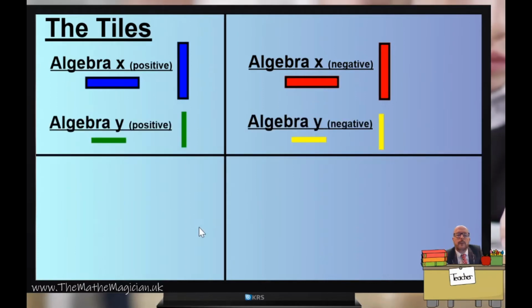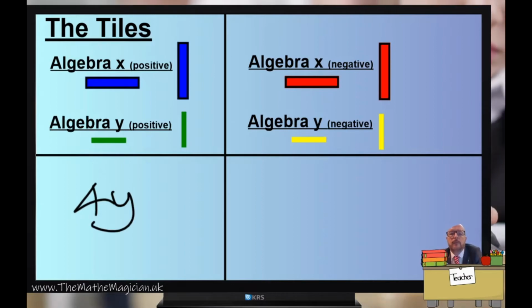Right, now we've looked at x's, let's look at y's. If you look at this diagram, you'll see the y's are different to the x's. So we look at positive x, it's blue and big. And if we look at positive y, it's green and small. The yellow is negative y, and the red was negative x. So let's have a look at, let's say, 4y.